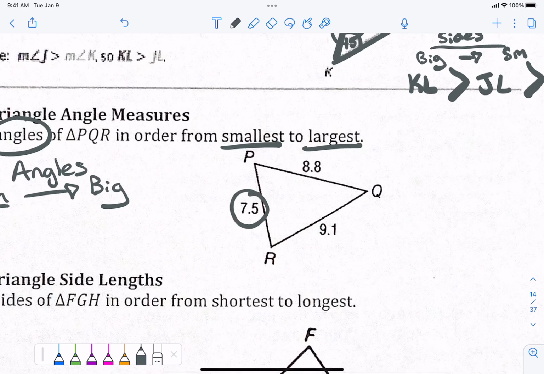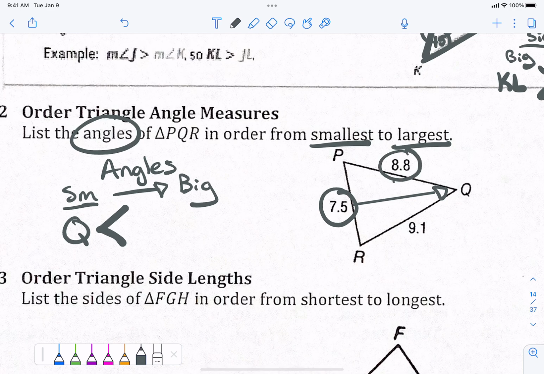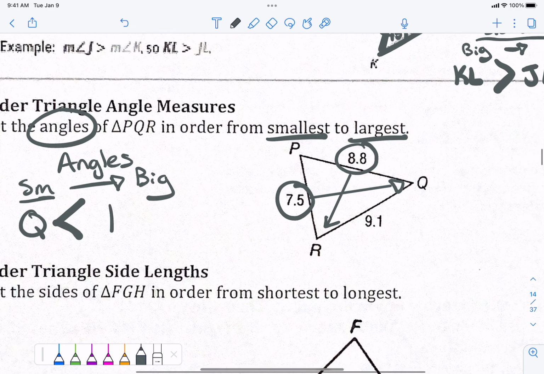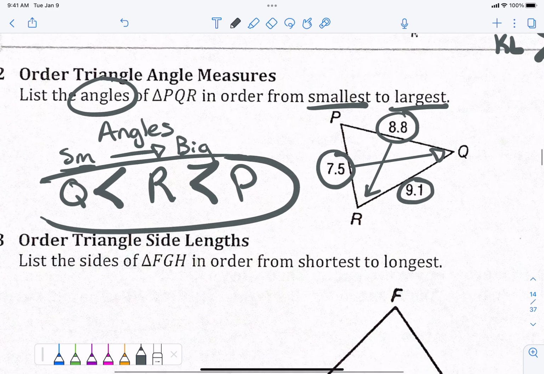The smallest side is 7.5. So what's the smallest angle? Q. Q is the smallest. We say he is smaller than the next one, which is 8.8, which is opposite R. R is the next one, which is less than the last one, P, and he's opposite 9.1. There you go. That's all you have to put. Them in order. Got it?